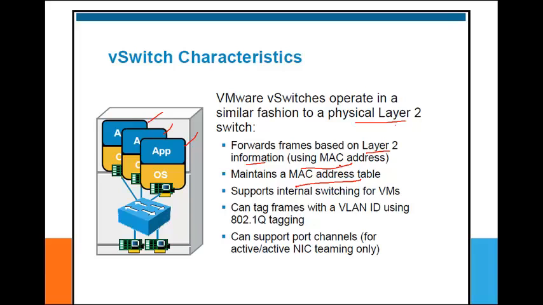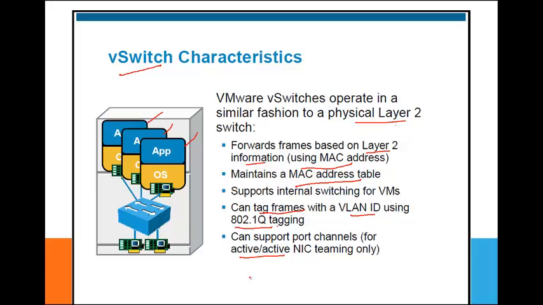It supports internal switching for VMs, so using the MAC address they communicate between the VMs. It can even tag frames with a VLAN ID using 802.1Q, a trunking protocol. The vSwitches can do this, and can support port channel for active NIC teaming only.